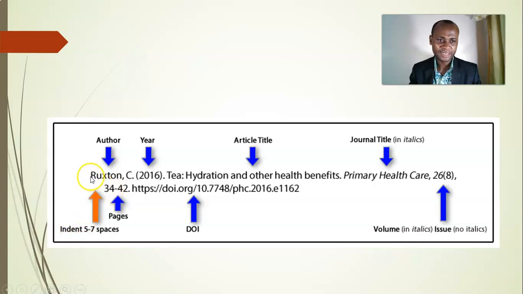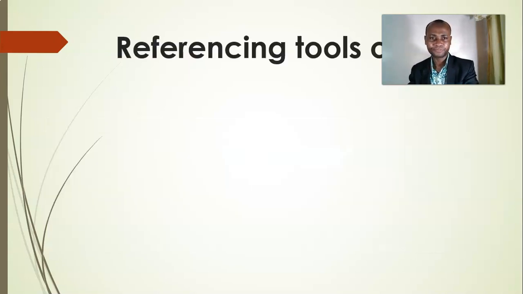You see that the first line is adjusted to the left, and then the second line is indented. So you have to follow the same style. And over here we have the page number, and then the DOI. If the paper has no DOI, then you have to use the URL, and you can add something like "retrieved from" and then paste the URL of where you got it from.